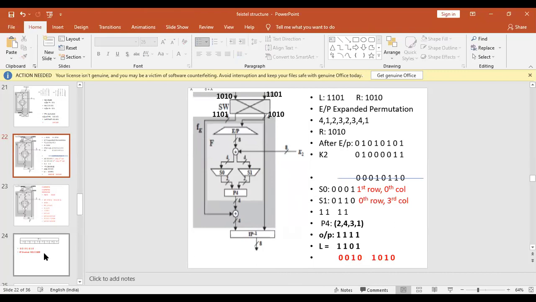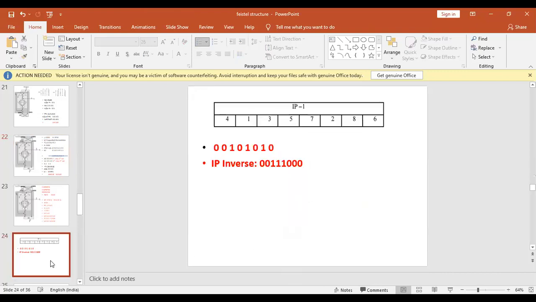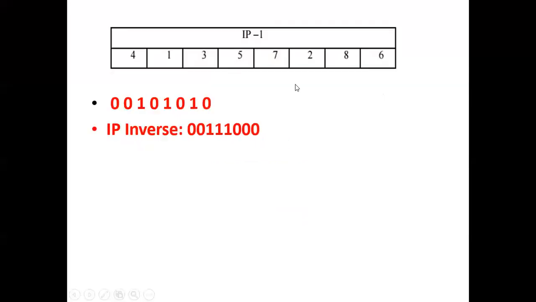Then what will we get after giving the IP inverse? See, 0010 is the input we have given to the IP inverse. The IP inverse sequence is 4 1 3 5 7 2 8 6. As per this sequence, we are going to rearrange these values.